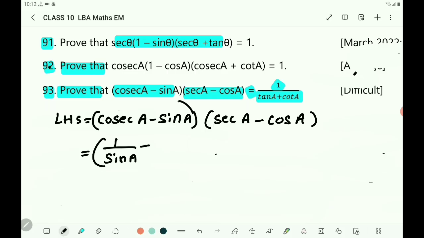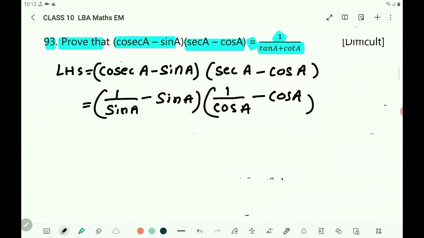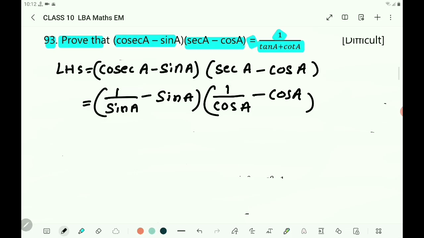Minus sin A as sin A only. Then here write secant A. You know that secant A is the reciprocal of cos. Then you write secant A as 1 by cos A minus cos A. Here you take the LCM. What is the LCM?